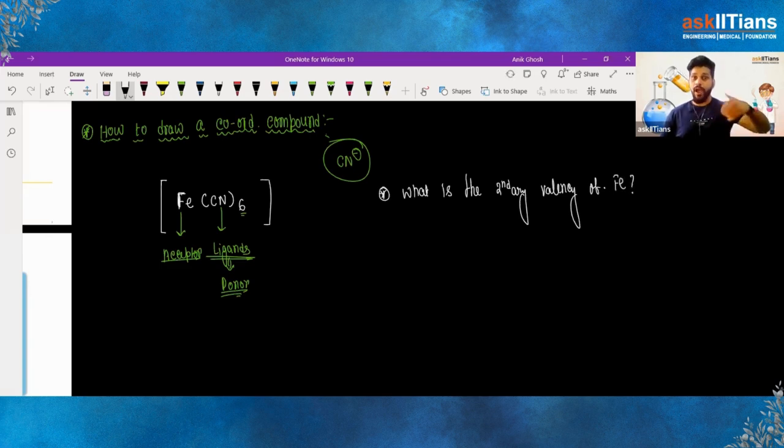What is the secondary valency of iron? Achha, by the way, guys, this is something I forgot to tell you. This primary and secondary valency both are for the iron only, or the metal atom. We get this. So what is the secondary valency for the iron over here?